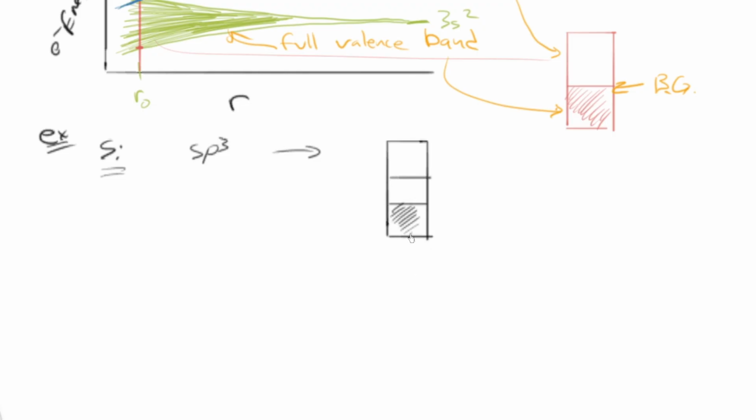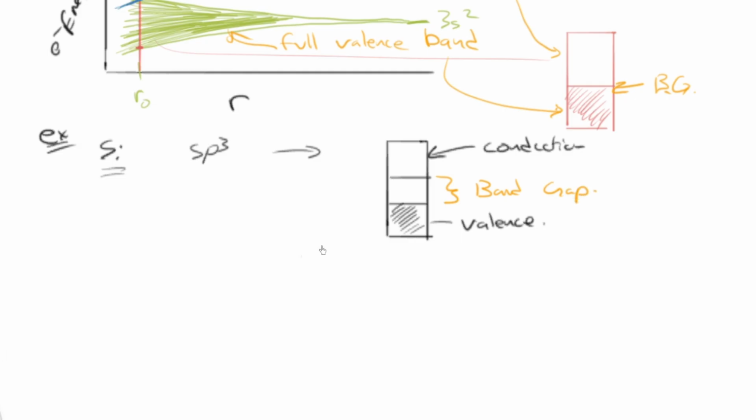We've got this occupied valence band, and then we've got the conduction band, these available states. But you'll notice we pass through this band gap in the middle.